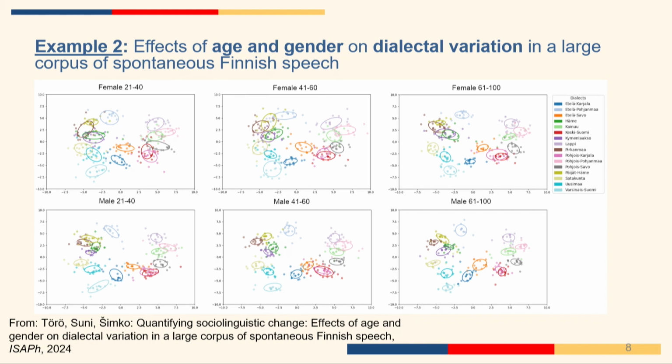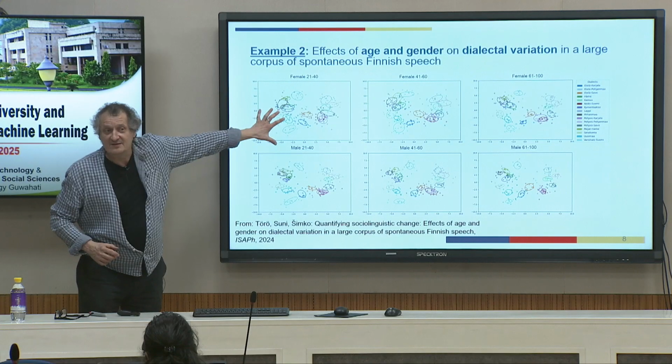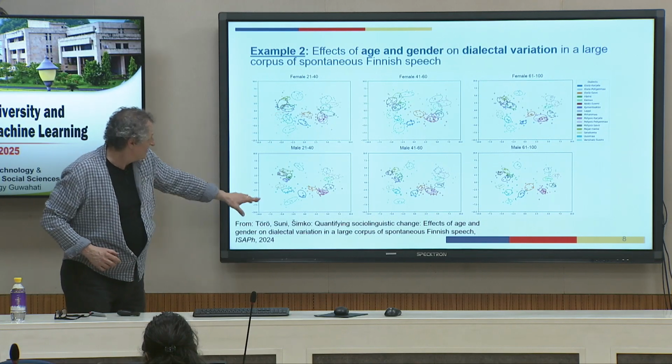These are rather subtle, but if you look at the picture here, these are the older males. Each of these dialectal areas is much smaller compared to younger females. So you can see that the older males from a given area all speak more or less alike, or more alike than the younger females from the same area.